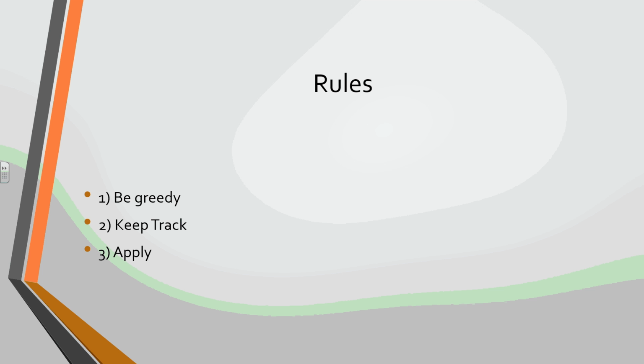So here we go. First rule for social studies is you got to be greedy, and what that means is, first thing, you choose sources with purpose. And what do we mean by choose sources with purpose? Well, what we mean is that you do not read selections or sources that don't apply to what you're trying to learn about.